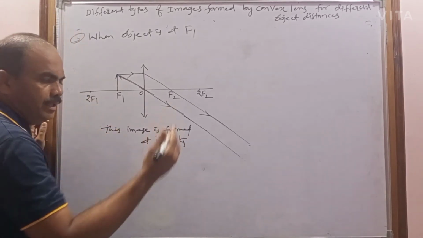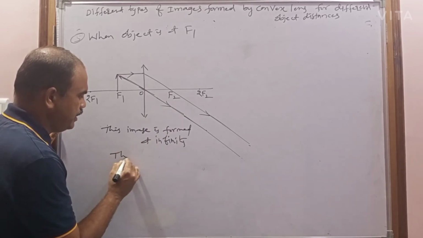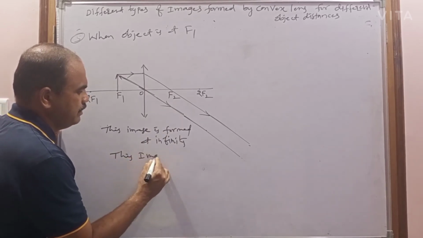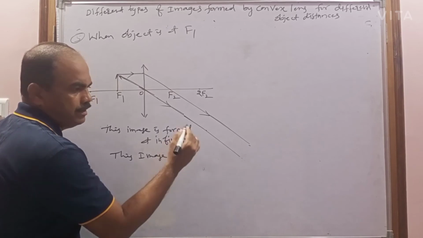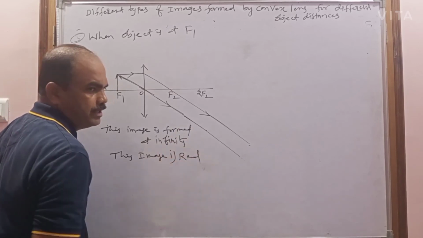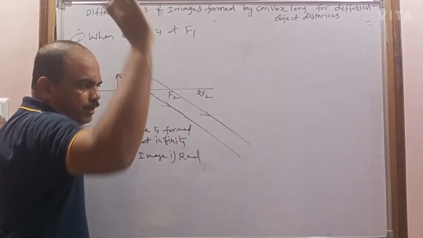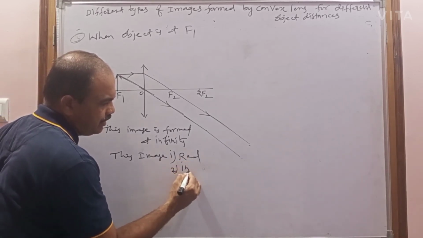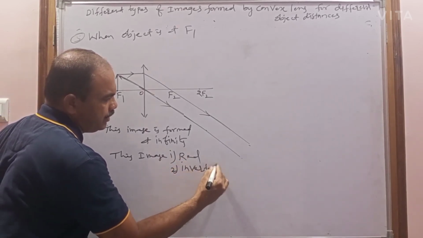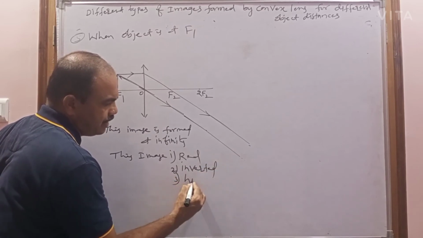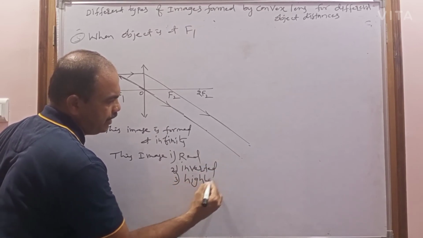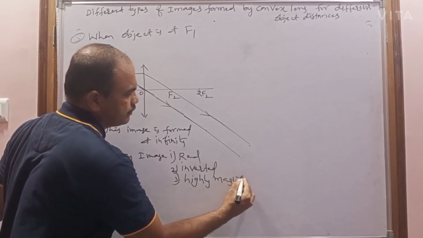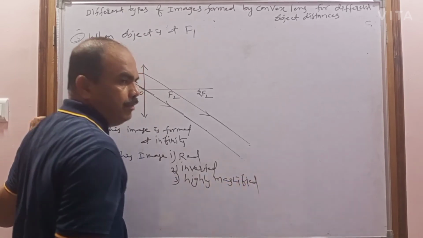Now coming to the characteristics. This image is a real image, formed by actual intersection of rays, and here we have to go to infinity. So it is a real image. It is inverted, and the size is highly magnified.